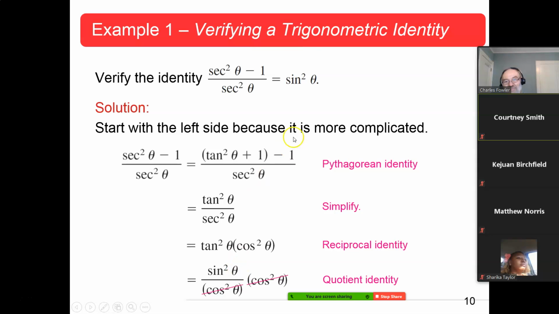That gives you sine squared theta, which is exactly the right-hand side. So they got there the same way, well, slightly different steps, using the same identities that we used. They just did them in a weird fashion. As long as all the steps you're doing are correct, you should come out fine.